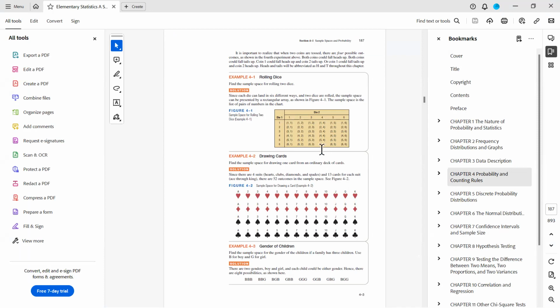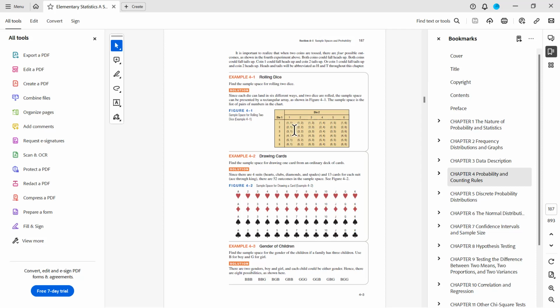There are 36 outcomes in the sample space for 2 dice. However, the problem says that you're only doing the even sums. Even sums, remember, are numbers that are divisible by 2. So 2, 4, and 6. Remember the sums go from 2 to 12, so you're only counting the even sums between 2 and 12.